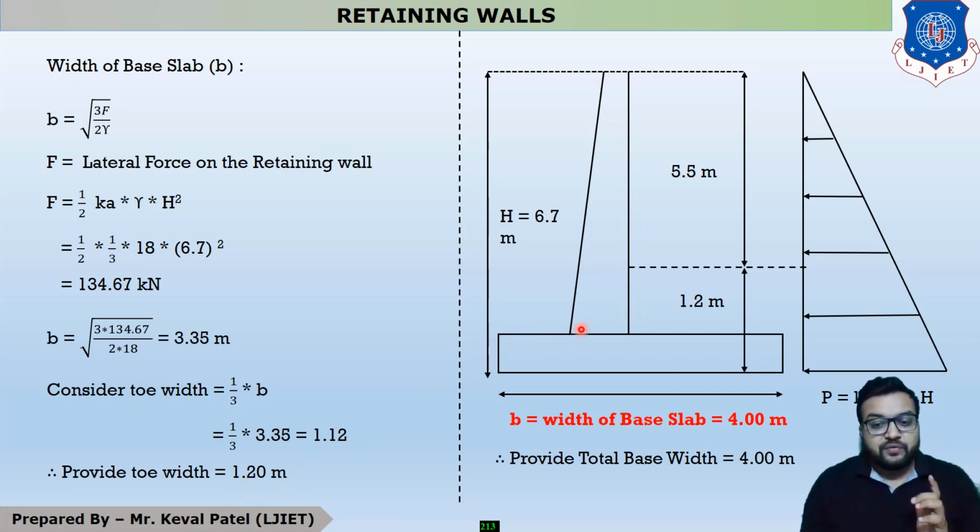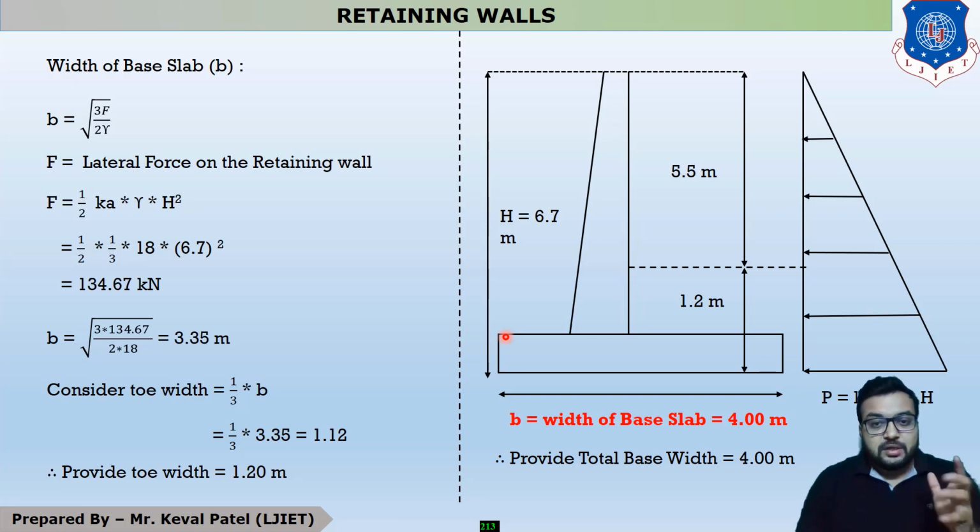If we provide this value as 1.2 meter, then we have to provide the base width 3 times more than this, because what is the relation between these two? The relation between the width of toe slab and width of base slab is 1 by 3 and 3.